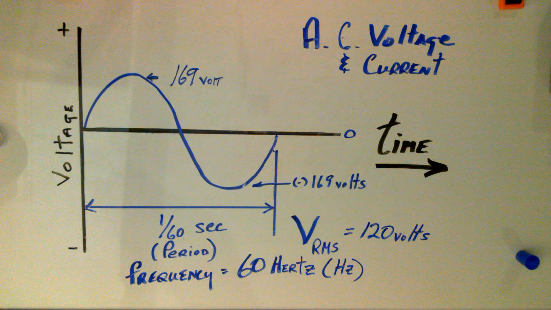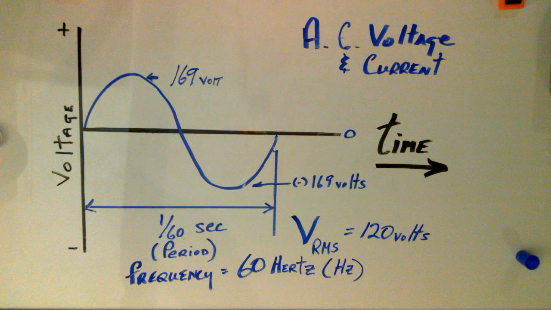If you look in the lower right-hand corner of our sketch, you will see voltage with a subscript RMS is equal to 120 volts. Now this voltage is constantly changing. I have chosen 0 volts as the starting point.